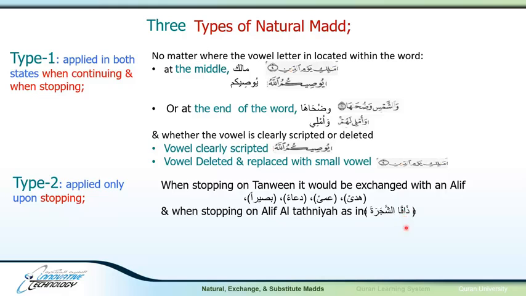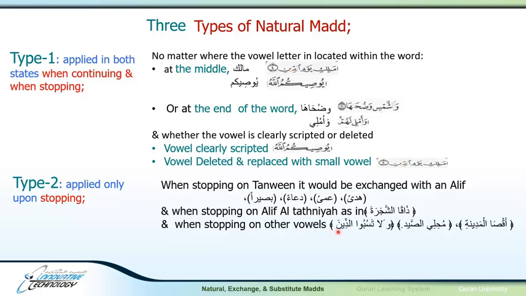Also, when stopping on dhaqa, if it is an alif al-tathniya indicating a double, twins or two things, then that alif will be lengthened for 2 units. And the same thing applies when stopping on any other vowel. Aqsa, aqsa al-madinati. When we join the two words, aqsa al-madinati, we don't pronounce the mad. But if we stop at aqsa, then we pronounce the mad.